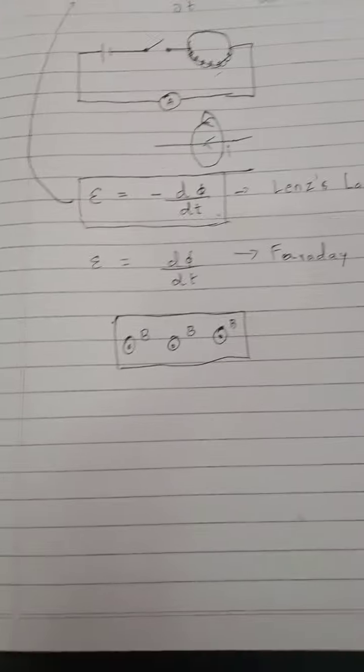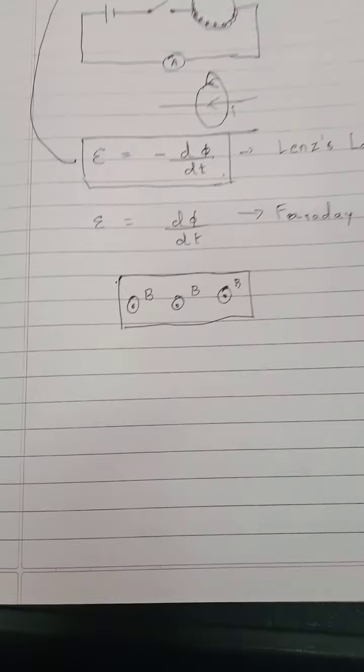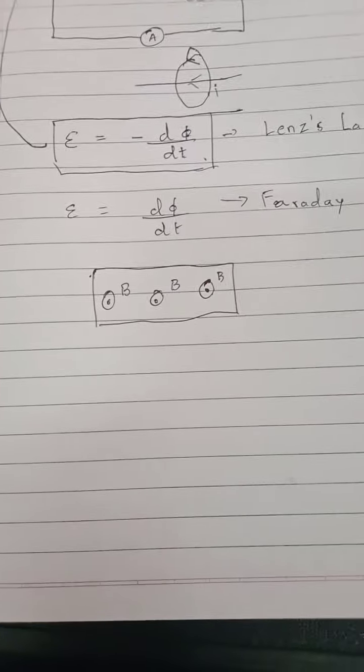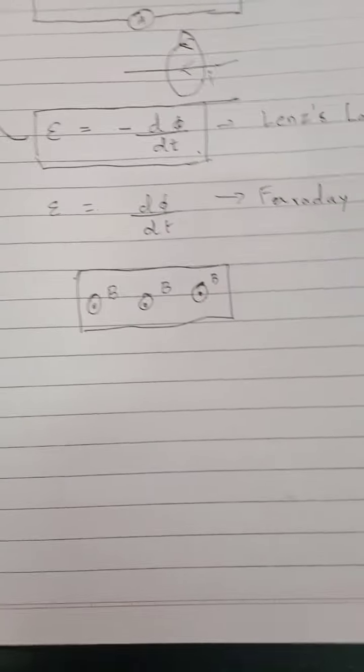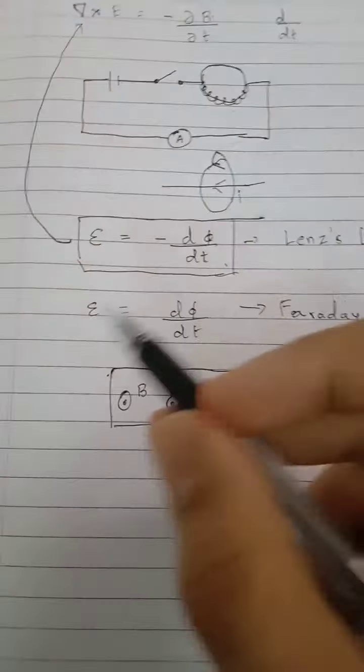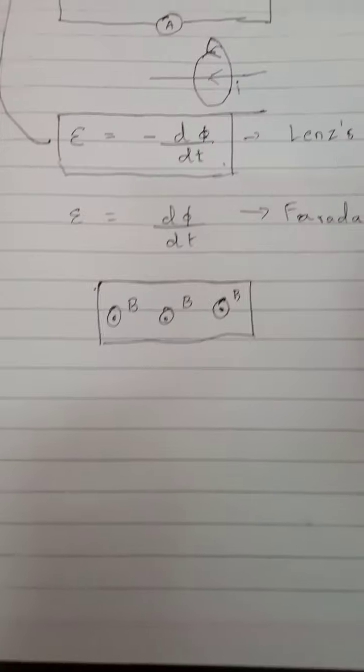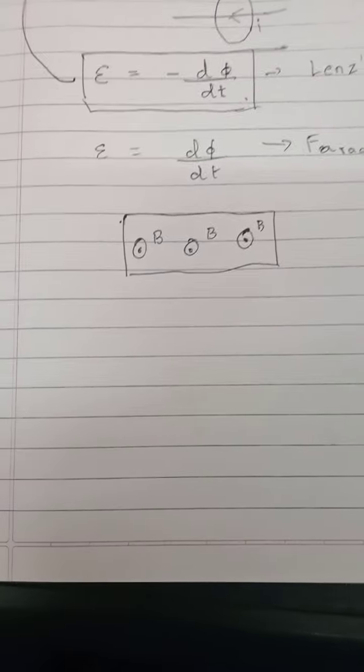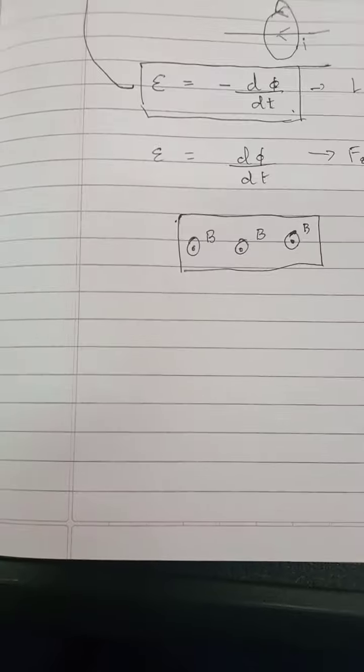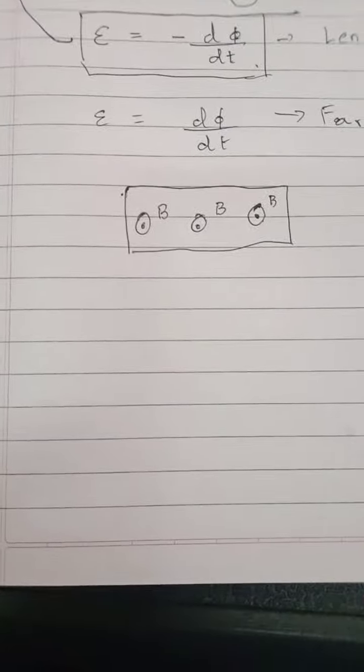So now we know that the rate of change of total magnetic flux is equal to the negative of the EMF, right? Lenz's law, epsilon is minus d phi upon dt, which means the EMF is nothing but the electric force inside the wire. So the total magnetic flux, we can find it as the integral of the B field over the entire area which is enclosed by the wire, isn't it?